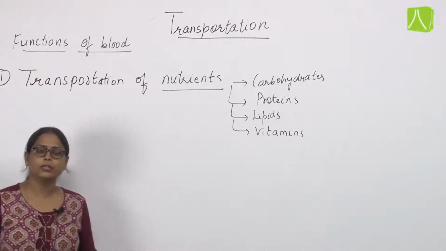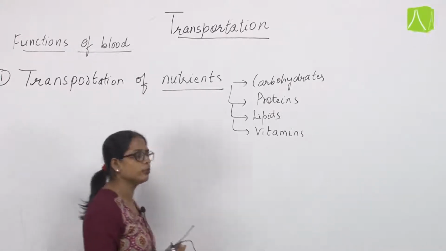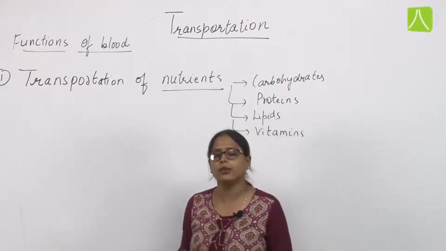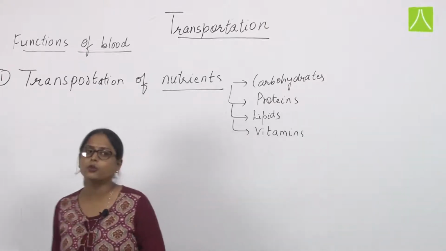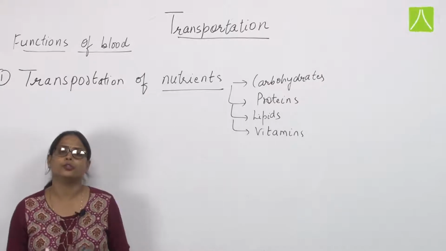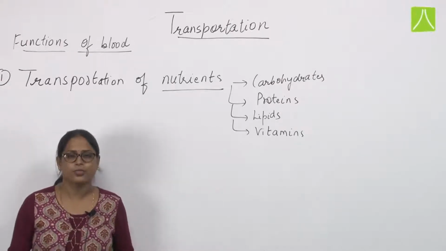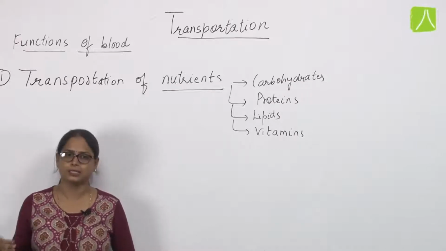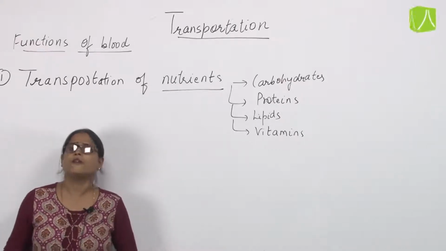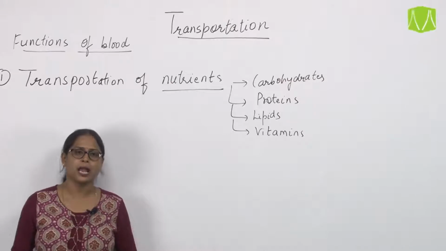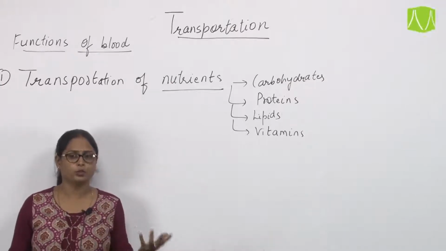Whenever we take food inside and digest it, the food is digested into different nutrients in the organ of the digestive system, that is the small intestine, from where these nutrients are absorbed and transferred to the blood.